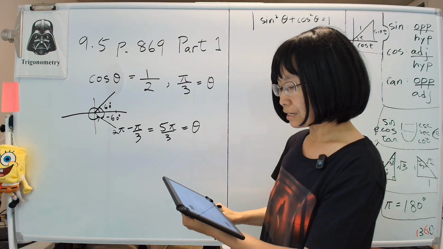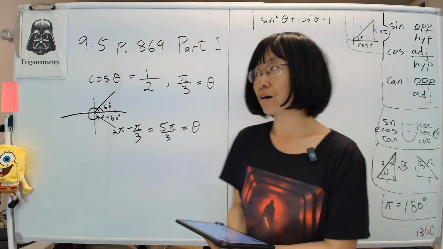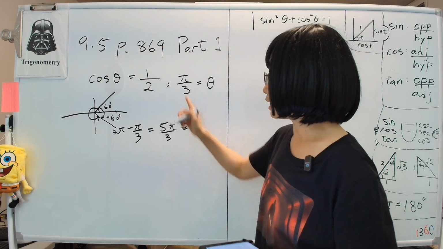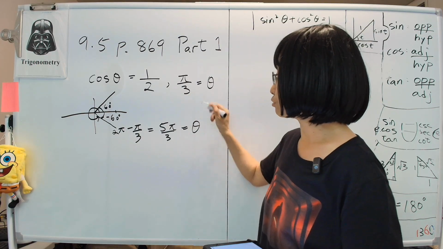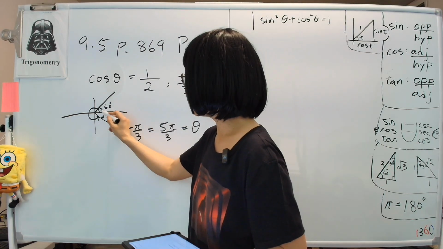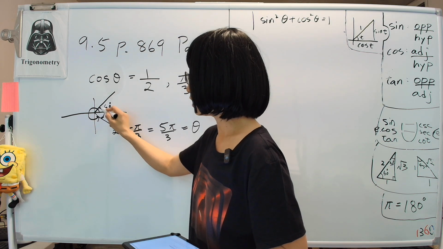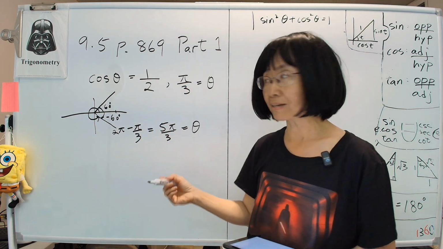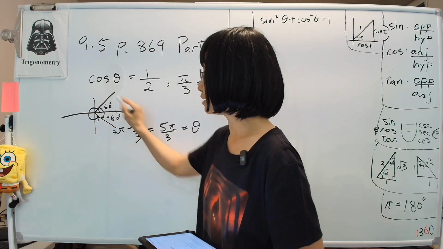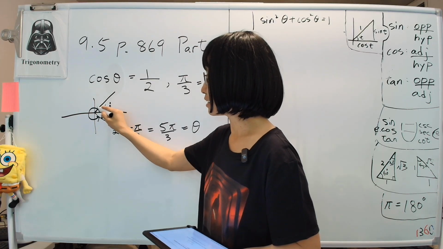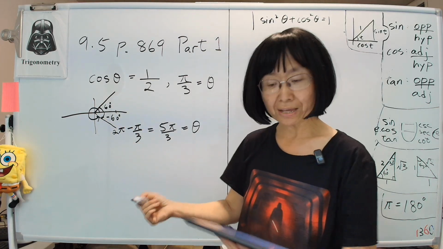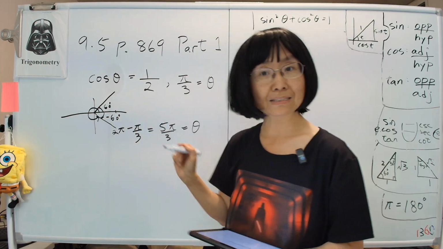Now, if we are going to consider all solutions, then for any of these angles, if we add 2 pi to it, that is, we go all the way around once and then get here, that would be the same angle. Or we go all the way around twice, and then get here. That's also the same angle, because we end at the same spot.